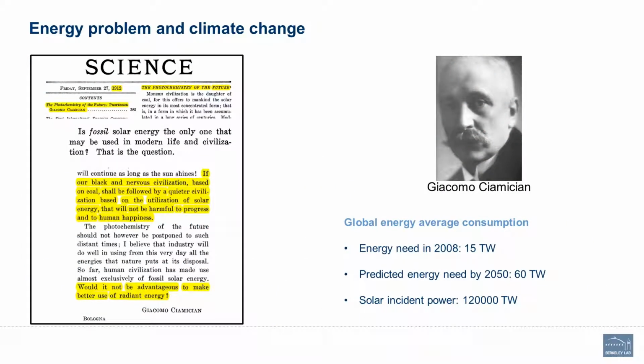So the concept of utilizing renewable and clean energy is actually quite old, and one of the first scientific articles on the topic was published back in 1912 in Science by an Italian chemist, Giacomo Ciamician, who was also known as one of the fathers of photoelectrochemistry or photochemistry.